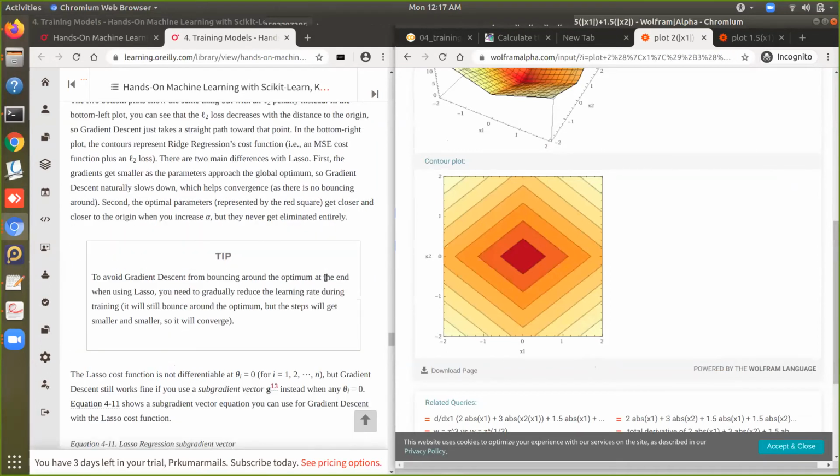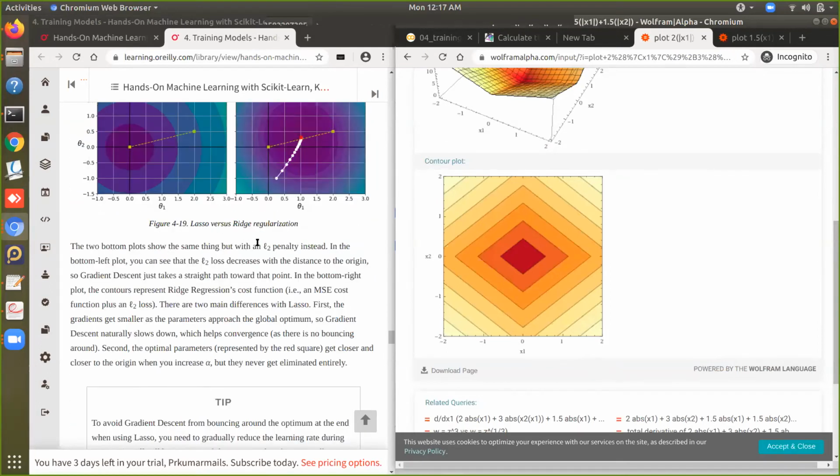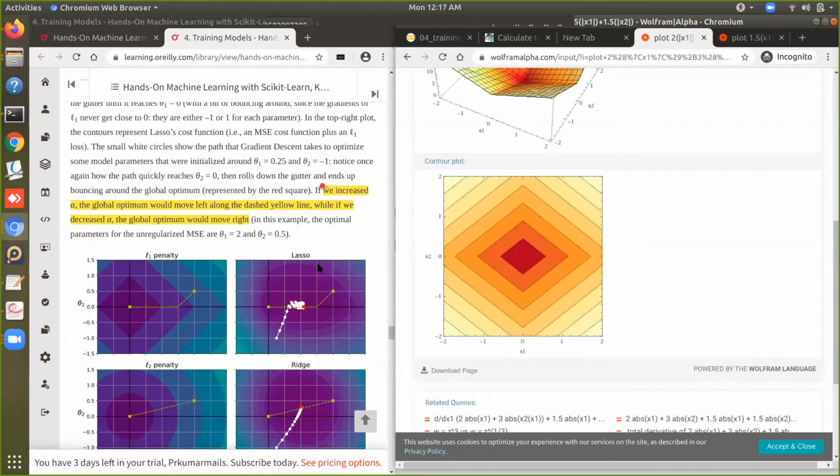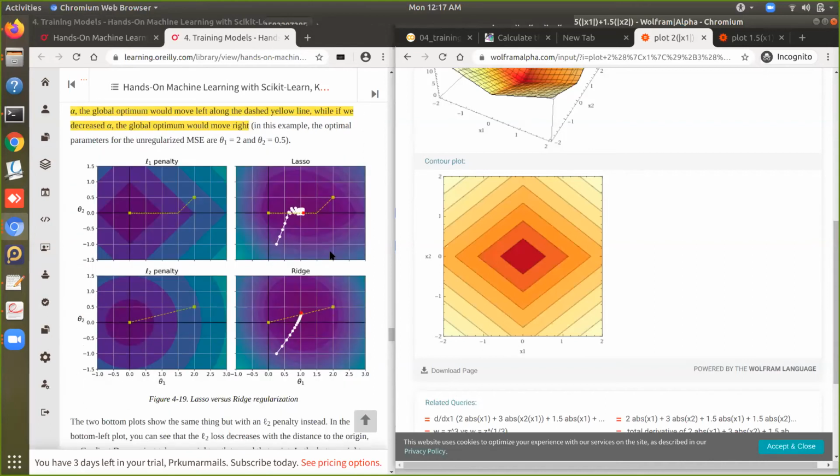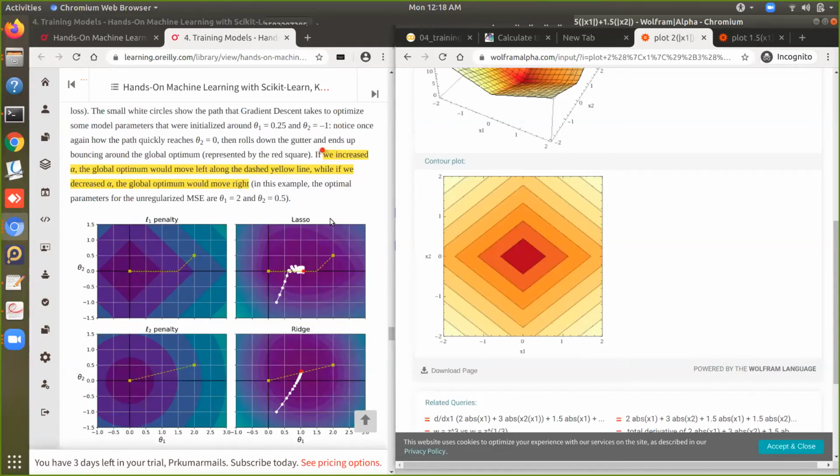So Rajesh, a question here. Yes, sir. If you go up a little bit to the top right diagram, the lasso, in the note that you highlighted there, we were saying that when we increase alpha, the global optimum moves left along the dashed line, and when we decrease it, the global optimum moves right.